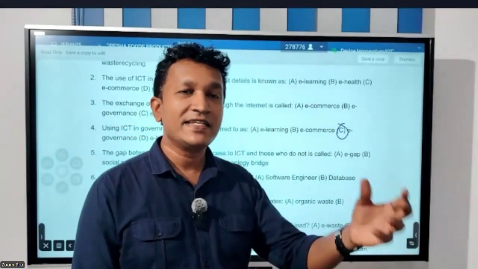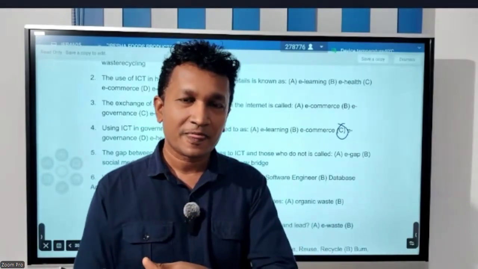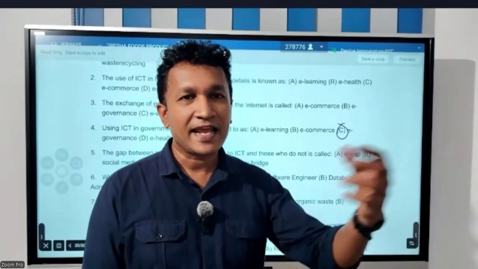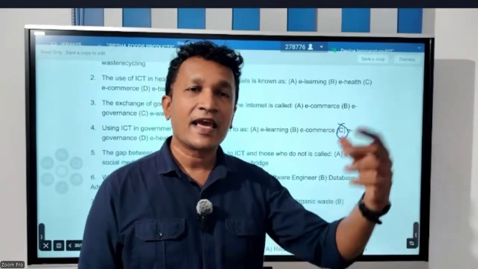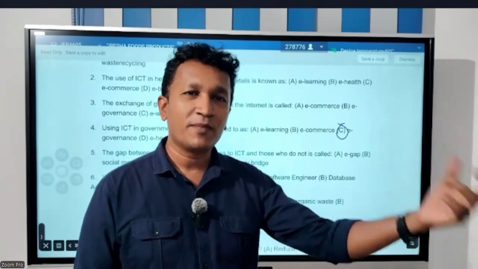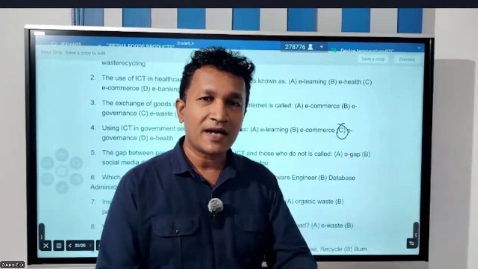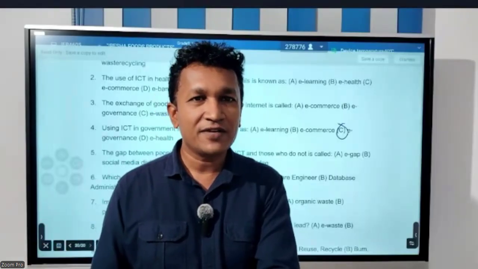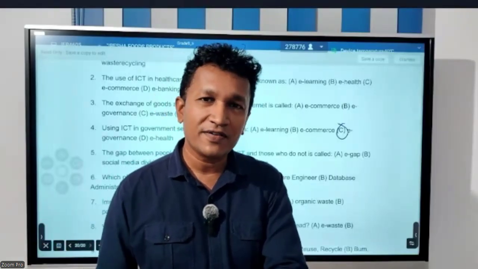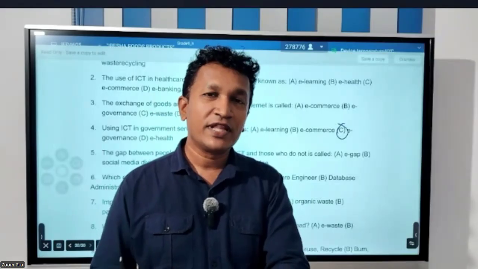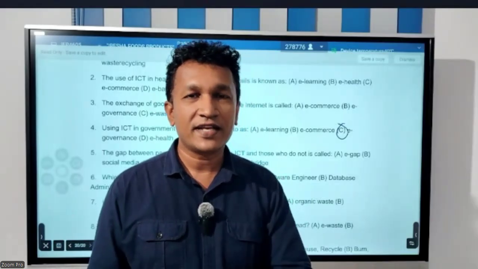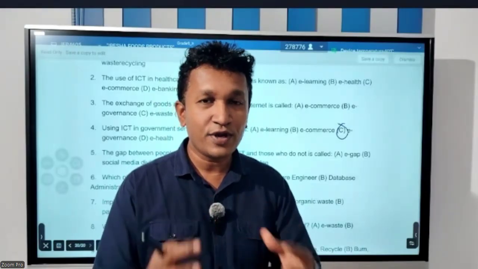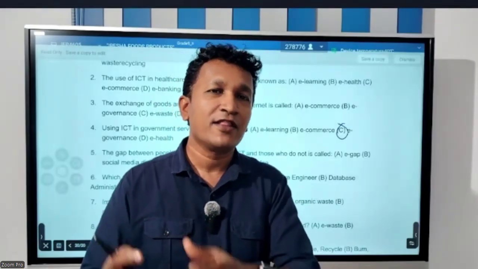Those who use ICT have some facilities because of ICT. They can access the internet, they can purchase from the internet, they can find information from the internet. But some people who don't have internet facility or a computer cannot access that information. So we call it those who have ICT facility and those who don't.